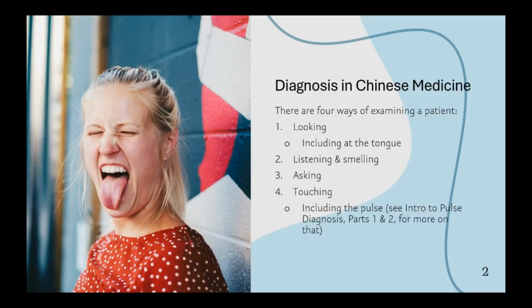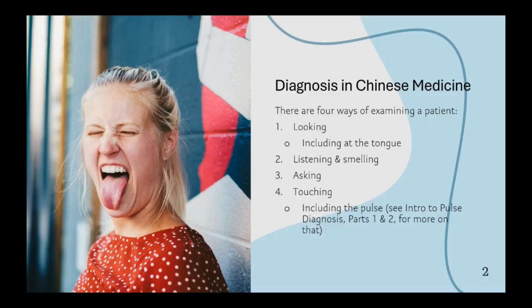But you want the tongue to be relaxed when you're looking at it. And then the other way of examining a patient is by listening to them and smelling, picking up on any scent, body odor, or just the natural scent of the person. Then by inquiry, so asking questions.